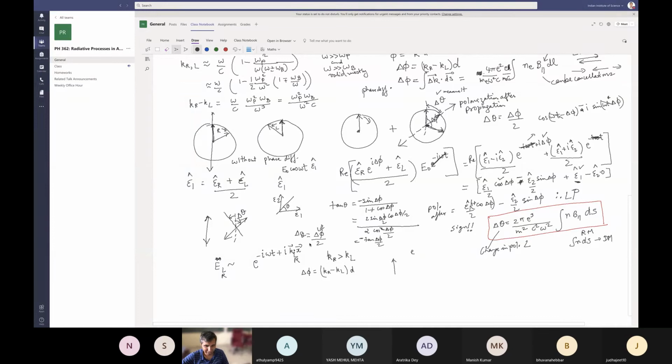You guys, it's simple enough. It's just a matter of plotting these and seeing how the signs of delta theta and delta phi are related.